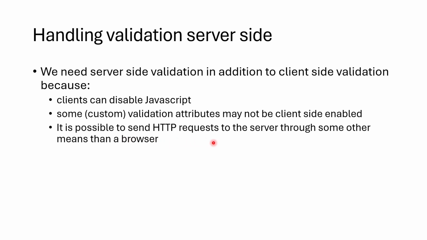But it's also possible to send HTTP requests to the server through some other means than a browser. There are tools that you can use to send HTTP requests, and they will completely bypass any client-side validation. So you need the server validation.